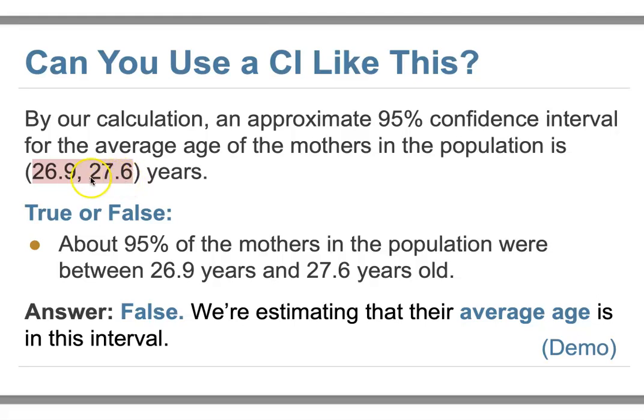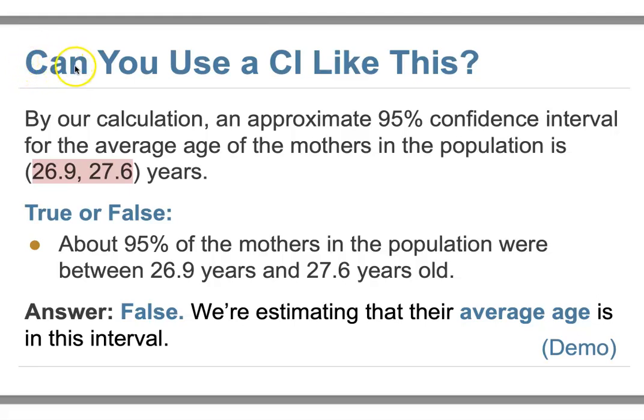So we have totally no idea whether 95% of the moms in the population have ages between this interval. We are estimating the population average. We are not estimating how each individual in the population will look. Okay, so that's our confidence interval.